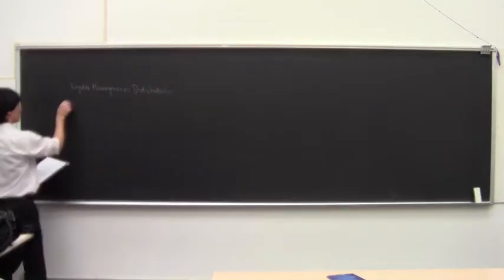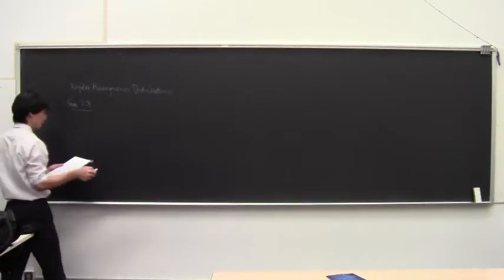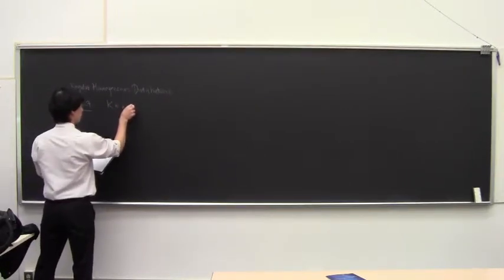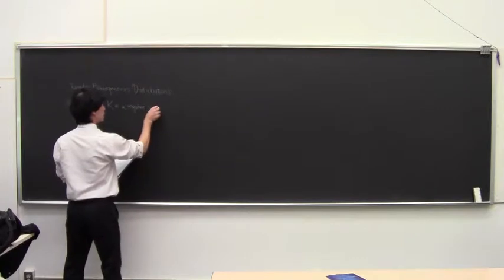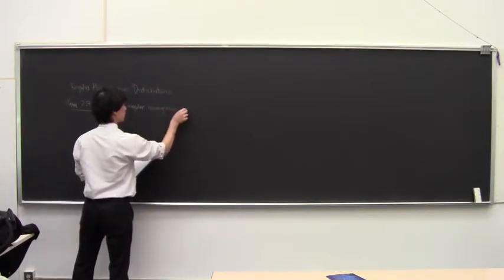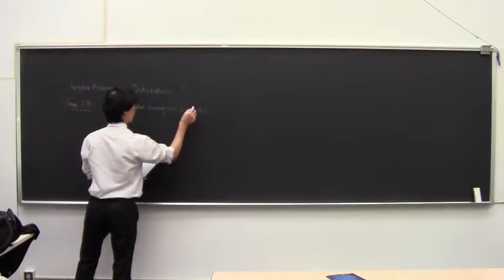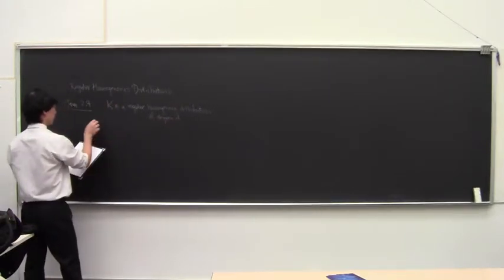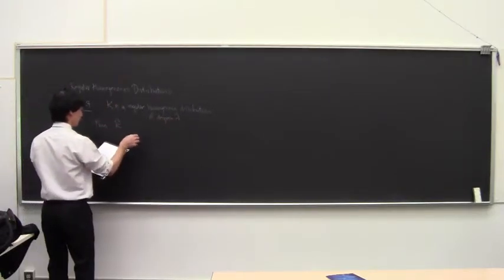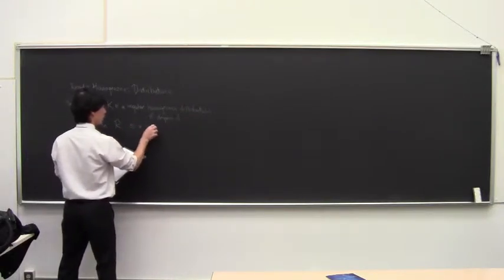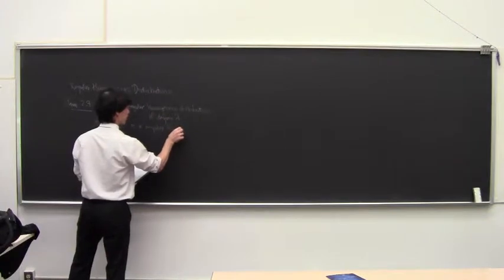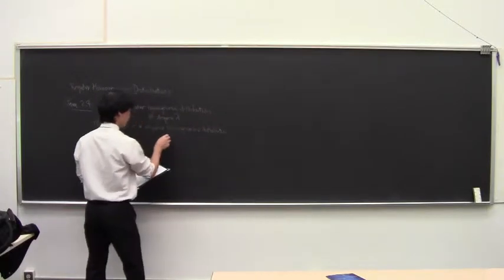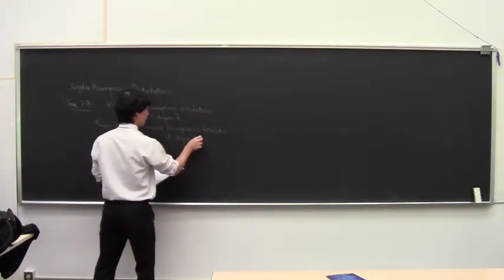There was this result in 2.4 that if K is a regular homogeneous distribution of degree lambda, then its Fourier transform is also a regular homogeneous distribution of degree negative d minus lambda.